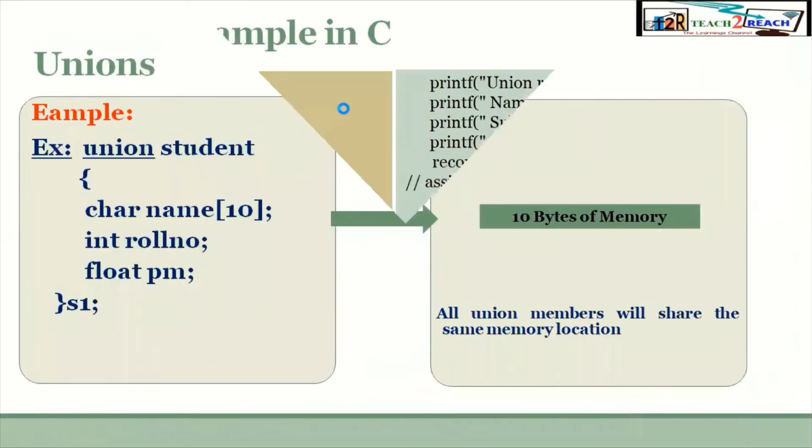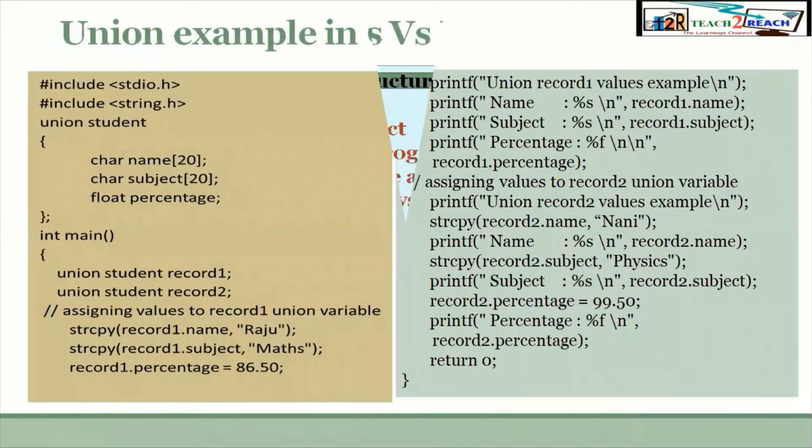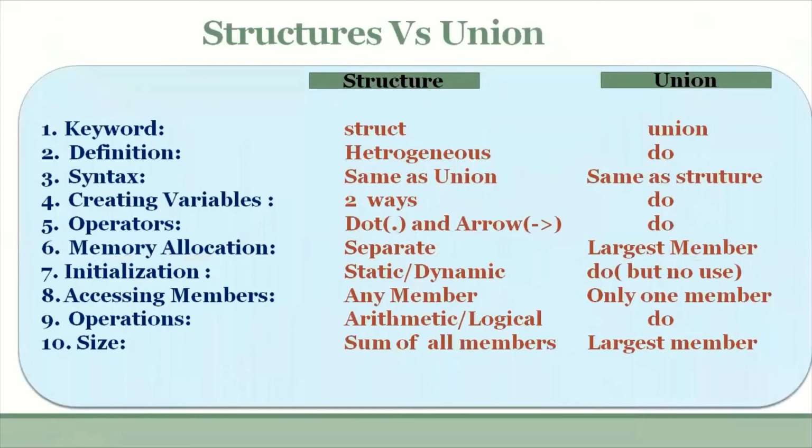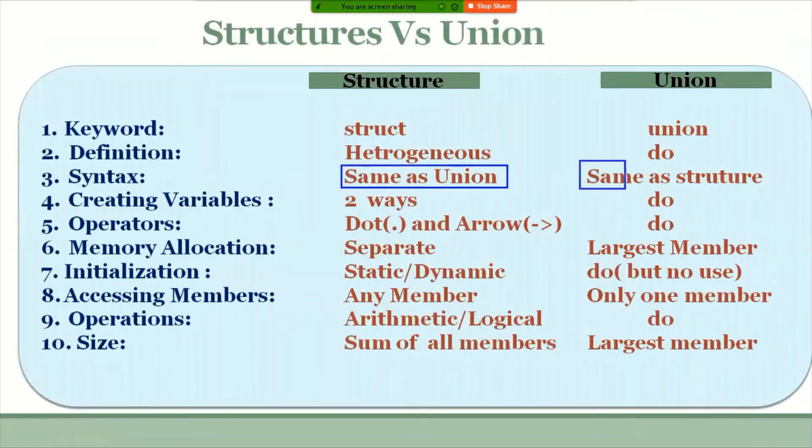So that is about the syntax of structures as well as unions. Structure syntax is the same as union, and union syntax is the same as structures. The only difference is the keyword: in structure, struct is used, and in union, the union keyword is used.